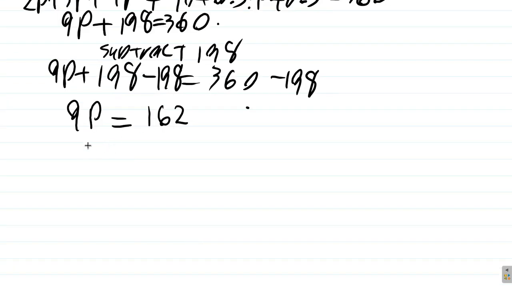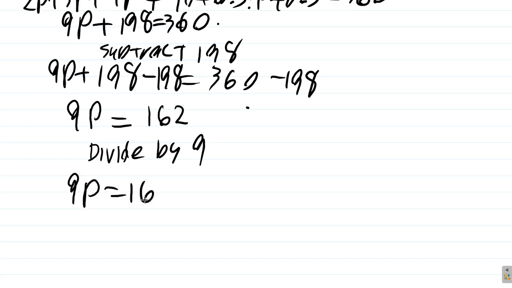So what you do now to get rid of the 9 from the p, you are going to divide by 9. Don't divide it back up here and mess it up. You already have that as a part of the step. Just go down to the next line. 9p equals 162, and then you divide by 9.